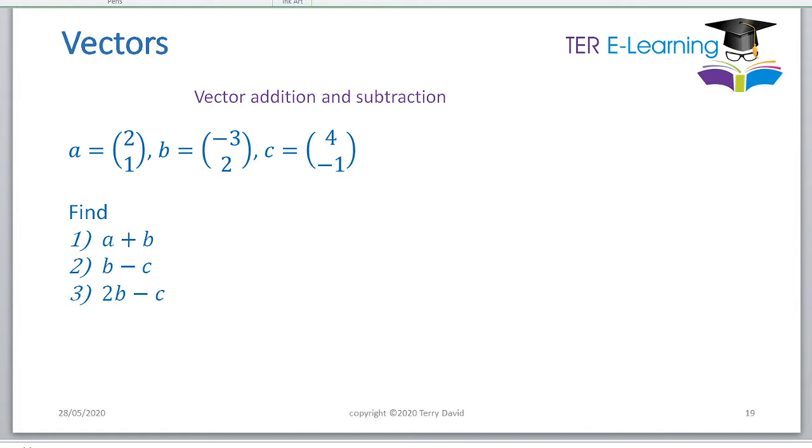We're looking at this question here. We have 3 vectors. We have A, B, and C. And I want you to work out this first part for me. What is the answer for part 1?